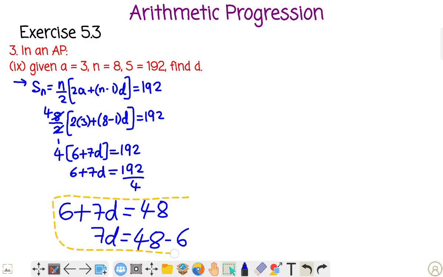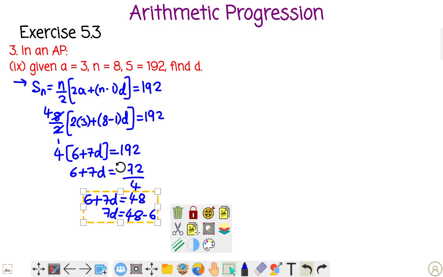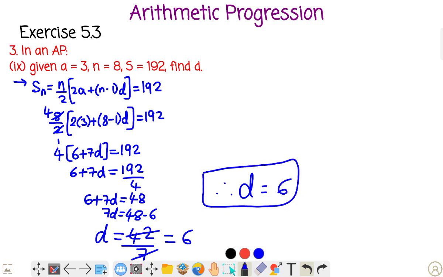So d will be equal to 48 minus 6 is 42, divided by 7. That is equal to 6. Therefore, d value is equal to 6. I hope this is clear. Next bit.